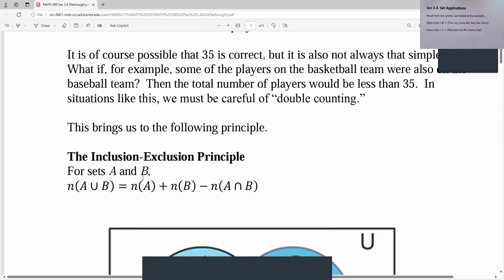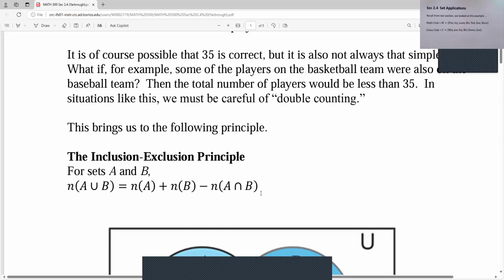And it says for sets A and B, if you're trying to find the number of elements in A union B, you can take the number of elements in A plus the number of elements in B, but you need to be careful because you might have just double counted some people. You might have counted some people twice here, those people who are in both A and B at the same time.